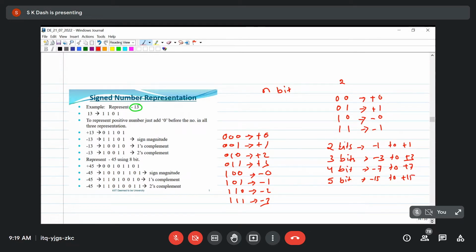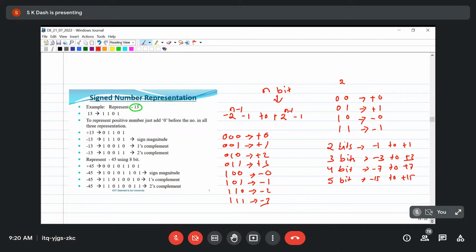Okay, so what will be the generalized formula then? Using n bits, what can I represent, from which number to which number? Minus (2 to the power n minus 1, minus 1) to plus (2 to the power n minus 1, minus 1).